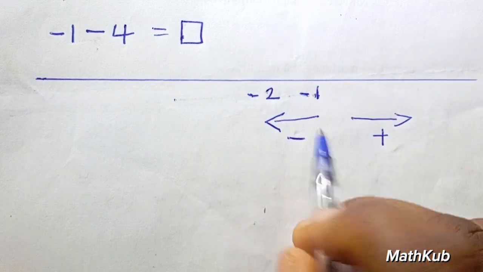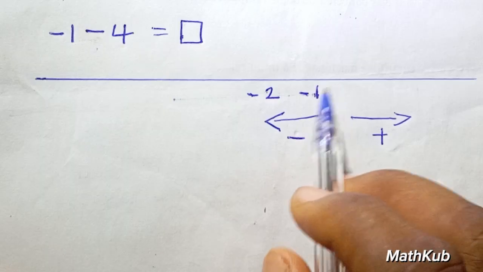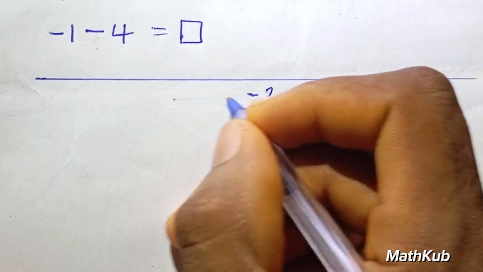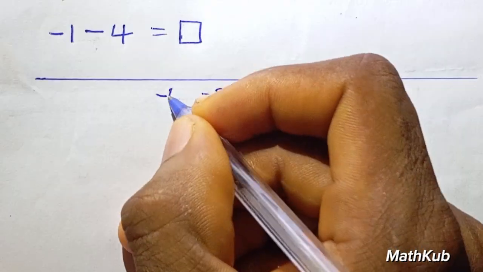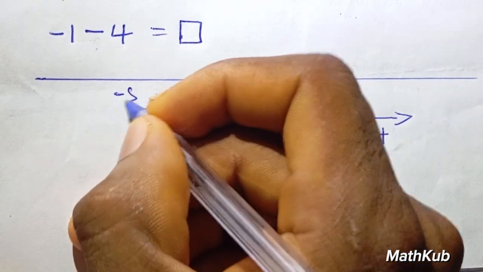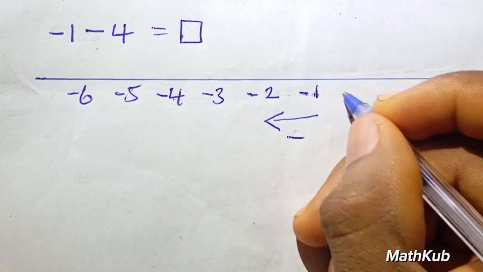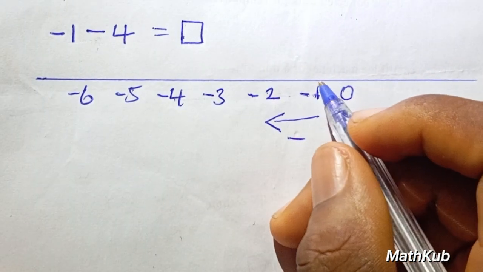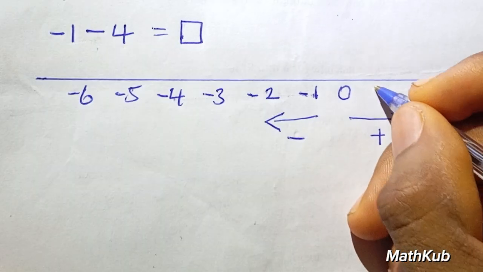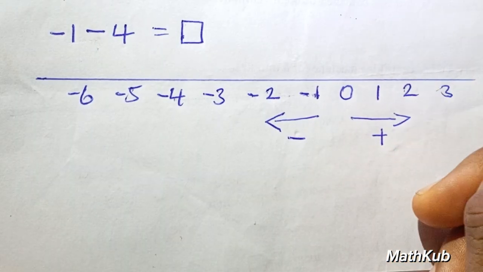This is -2. -1 is bigger than -2. Remember, -1 is bigger than -2. Then -2 is bigger than -3. -3 is bigger than -4, and so on. -5, -6. Then from here we have 0. 0 is bigger than -1. You have 1, 2, 3, and so on.